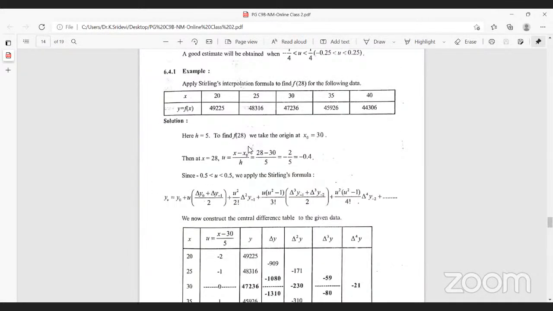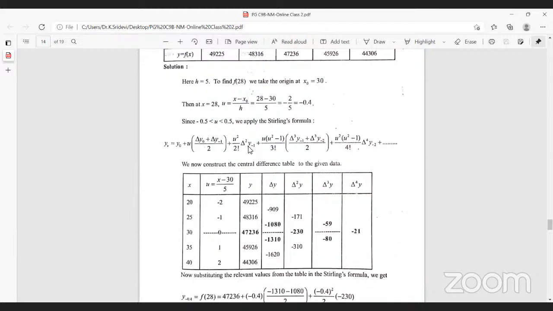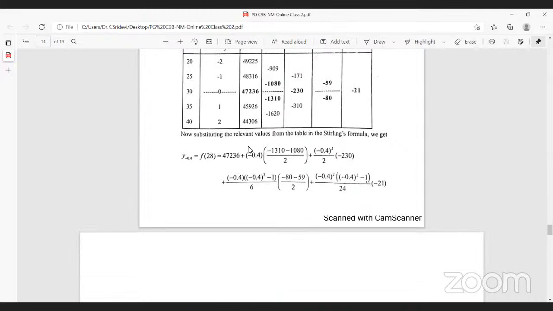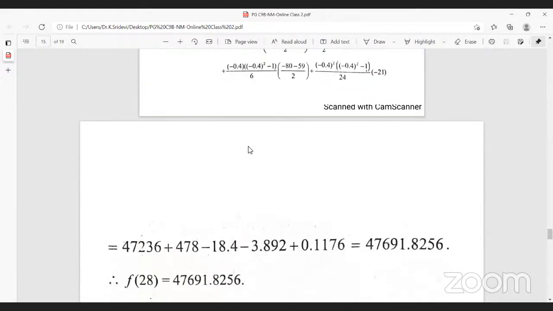If you concentrate on u value, according to u value, you can choose which formula is suitable. So why are we choosing by u value? According to u value, we can choose a better formula to get the required accuracy.